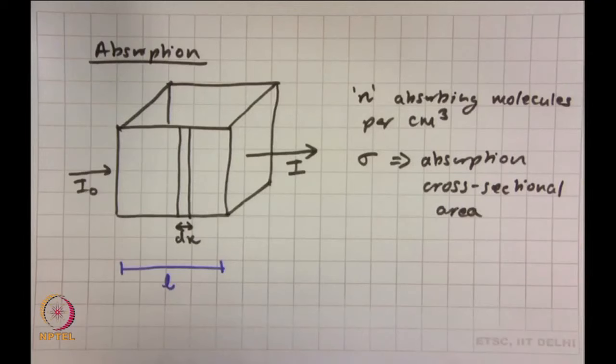So, what would di by dx be proportional to? That means the amount of change in intensity I have over that interval dx, should be proportional to what? First tell me. There will be three factors I am telling you. Let me give you one hint is the number of molecules, right, obviously, because the more molecules we have, more we will be absorbing. What is the next one?